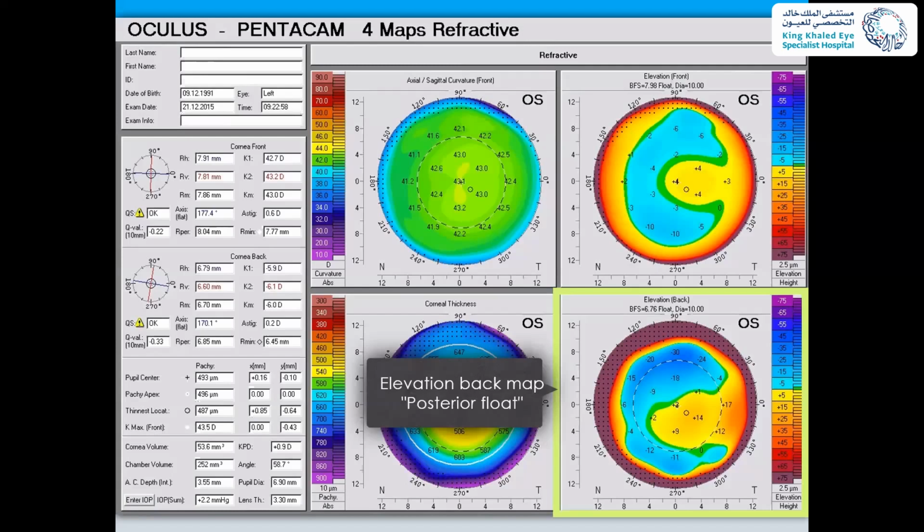more than 15 micron or 12 to 15 micron decrease in the corneal thickness, more than half a diopter increase in astigmatism or refraction, and more than 0.75 diopter increase in the Kmax is taken as an increase, and you can consider doing cross-linking. Posterior elevation, there is still data coming about how accurate posterior elevation is, because technically it should be very accurate.